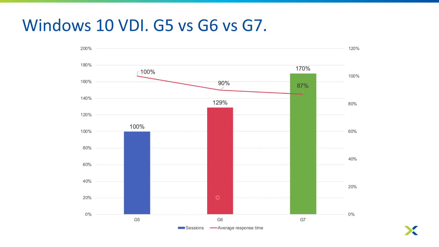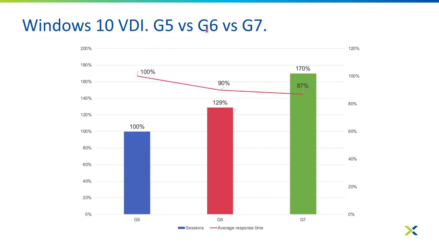What we see is that the session count increases, so we get more users on that node: 129%, 170%. Like I said, there's higher density on the newer nodes. Also for application response time, a lower number means better, so the applications are becoming more responsive on that more modern architecture.